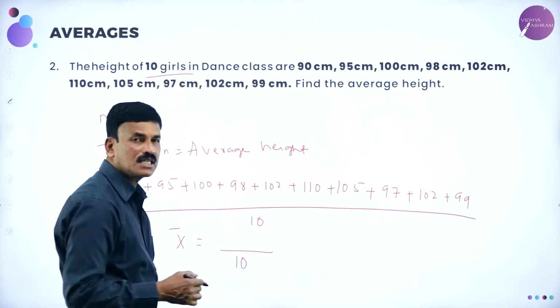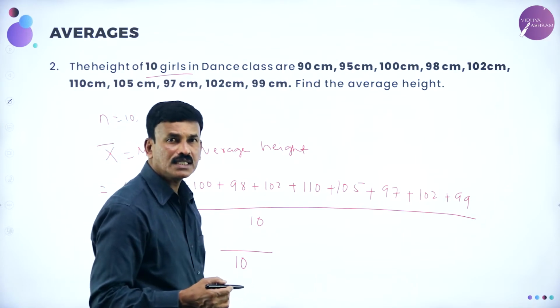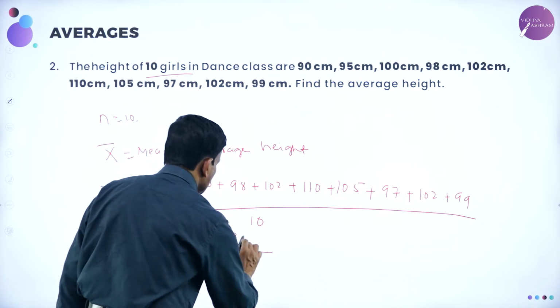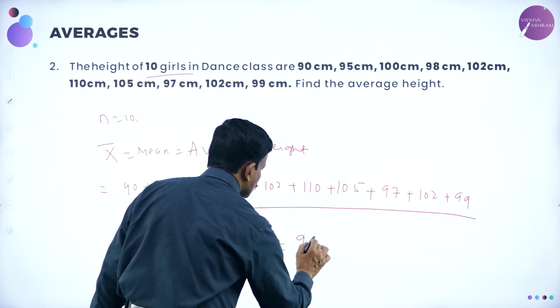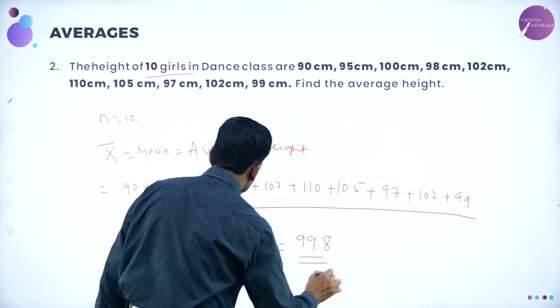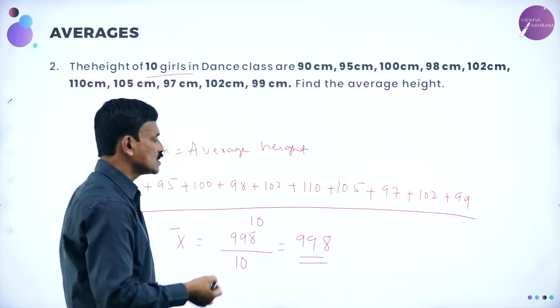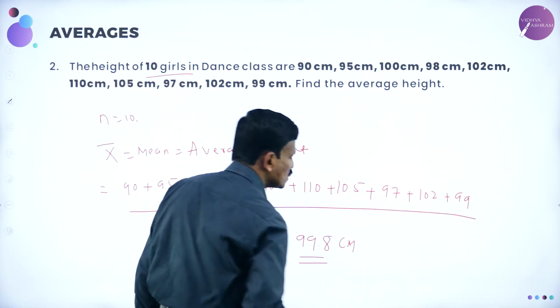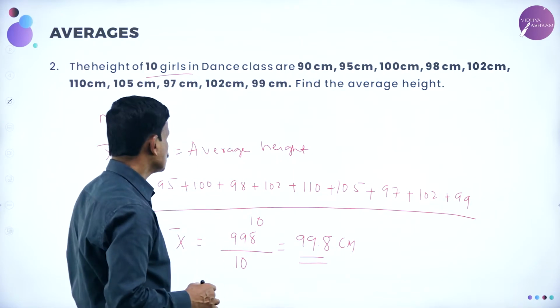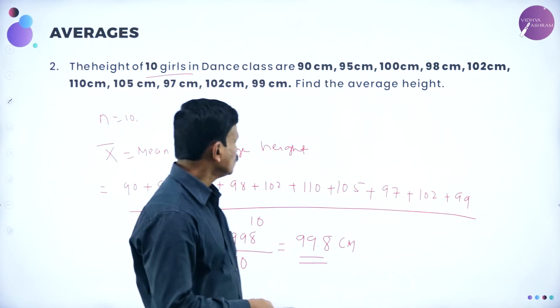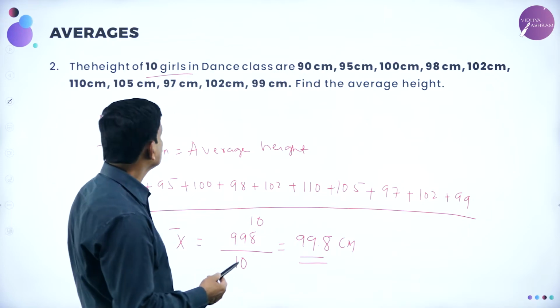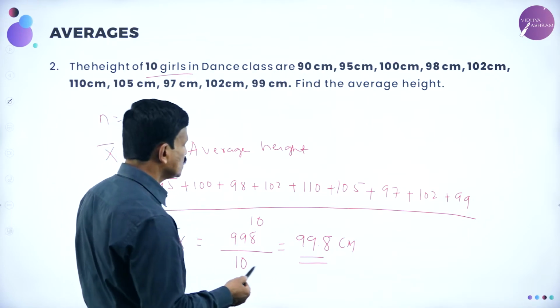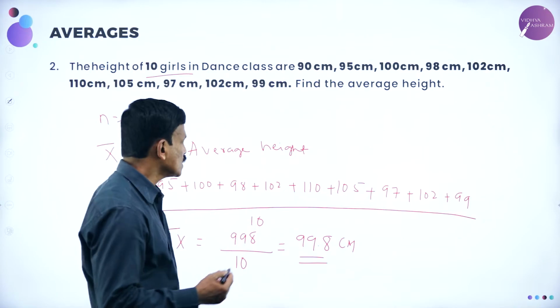If you add the numerator, you will get 998. 998 by 10 is equal to 99.8. So, the average height of the girls is 99.8 centimeters.